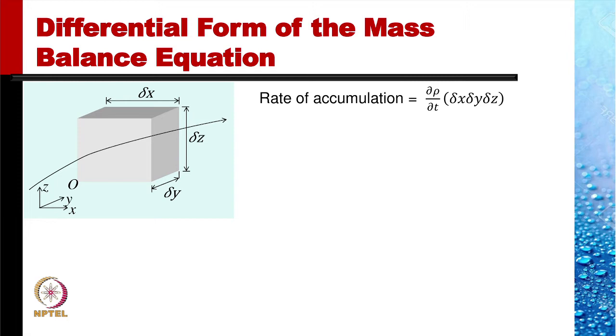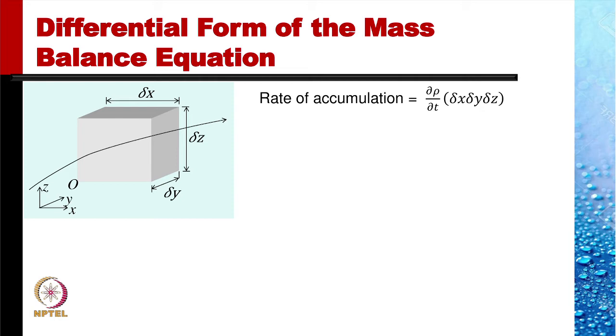The only way this mass within the control volume can change is if the density changes. And if del rho by del t is the rate of change of density within this control volume, then the rate of accumulation would clearly be del rho by del t times delta x, delta y, delta z per unit time. And this rate of accumulation should be equal to the net influx.